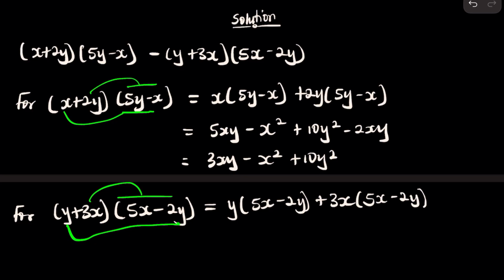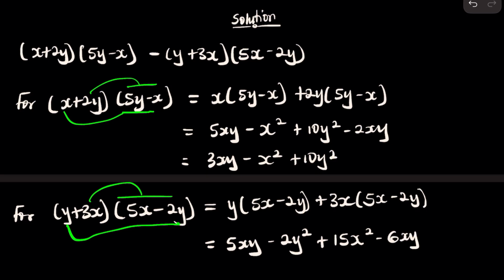So we now have to multiply this. Also, this will multiply this, and this will also multiply that. So you're going to have 5xy minus 2y squared, then plus 3 times 5 is 15, so that will be 15x squared, then minus 6xy.